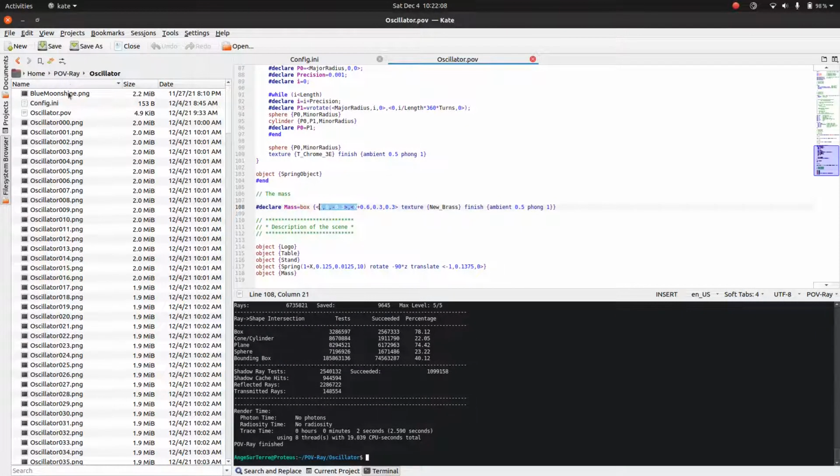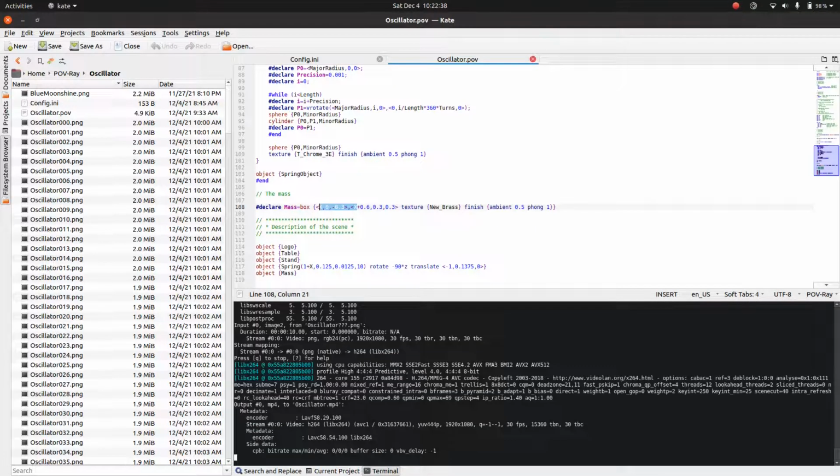Alright, so all the pictures have been generated, and in order to put them all together into a video, I'm going to use FFmpeg. So here is a command line. I have 30 pictures per second, and I'm going to compile all pictures that are named Oscillator with a 3-digit number into a single video, oscillator.mp4.